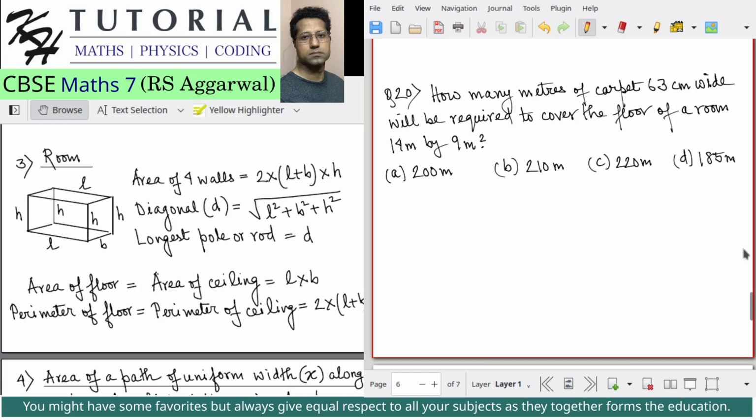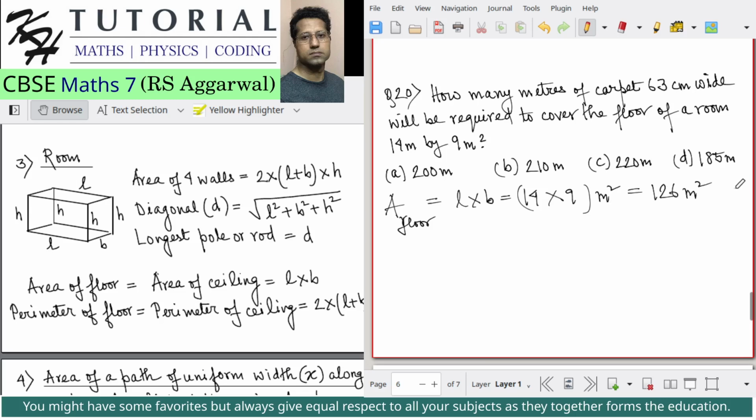So the dimensions, that is the length and breadth of the floor of the room, are given to be 14 meter by 9 meter. So the area of the floor of the room becomes 14 multiplied by 9 meter square, and this is 126 meter square.